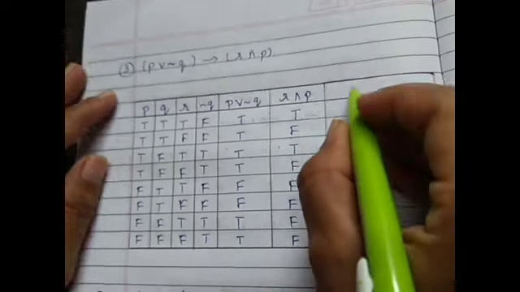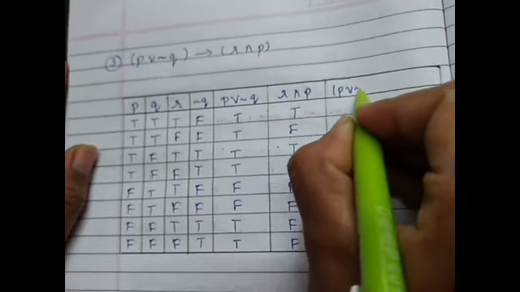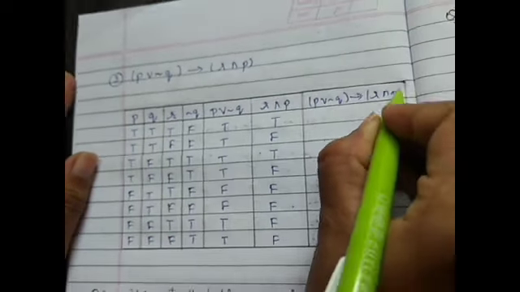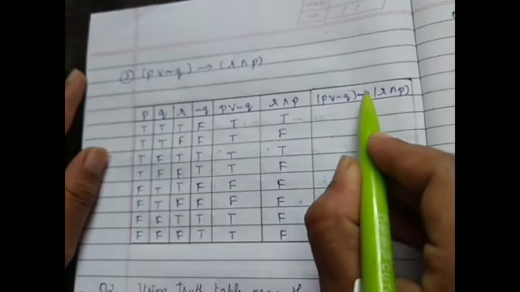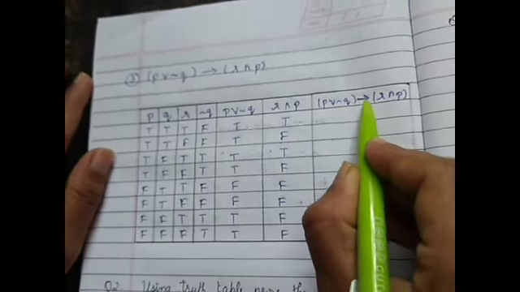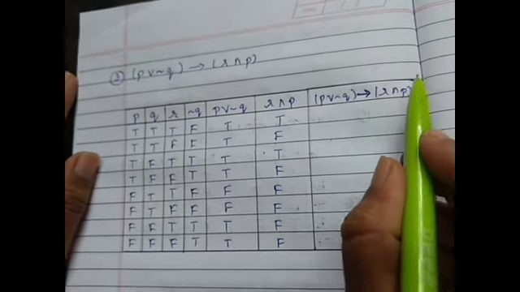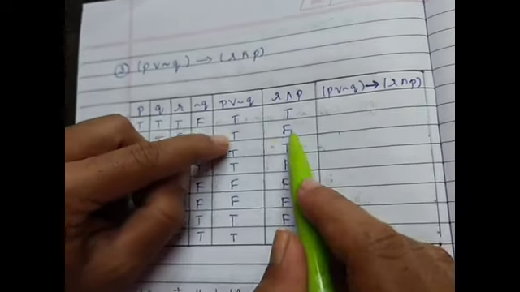Now last we'll write the whole question. P or negation Q and R and P. So here it is the implies symbol. In implies we have to see T F. Where is it TF? We'll see. Yes, the second entry is TF.